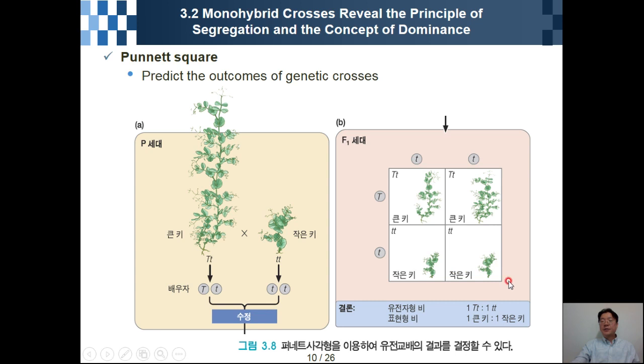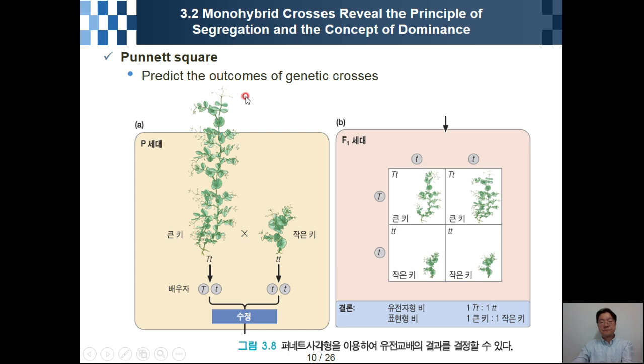So finally, the genotype ratio of large T, small t to small tt is 1 to 1. How about the phenotype? The phenotype ratio of tall and short is also 1 to 1. So we can predict the outcome of genetic crosses by using Punnett squares very well.